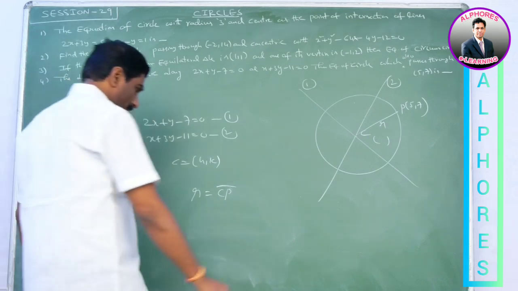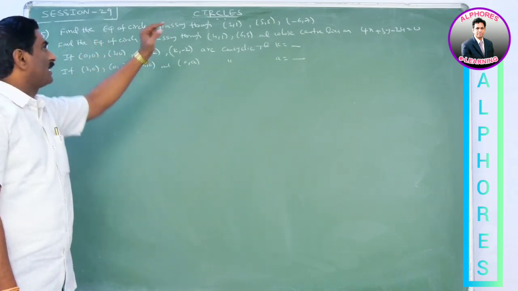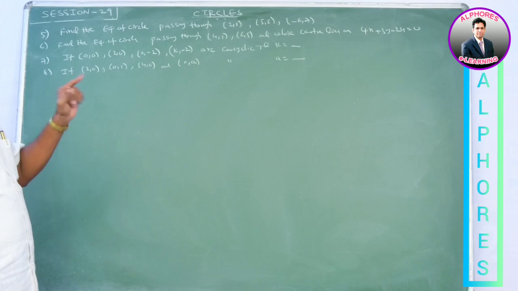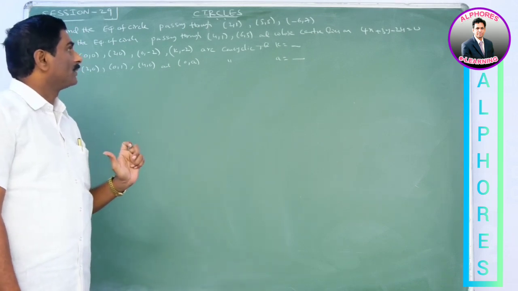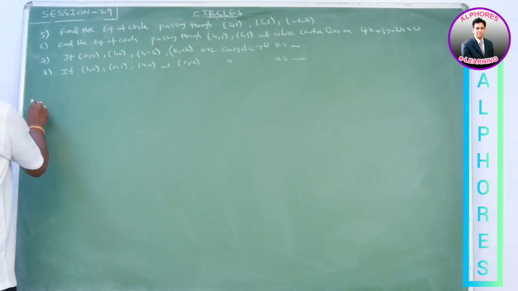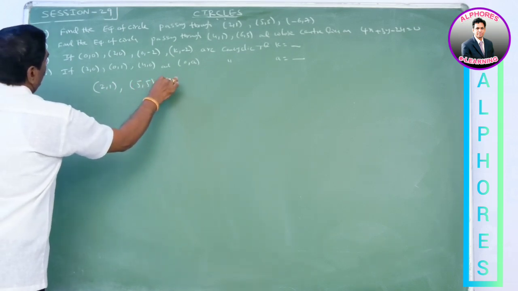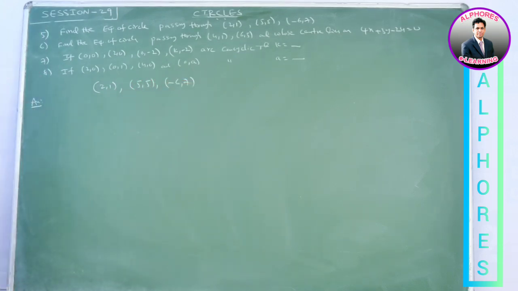Next, fifth question. Find the equation of the circle passing through the points (2, 1), (5, 5) and (minus 6, 7). What is the equation of the circle?